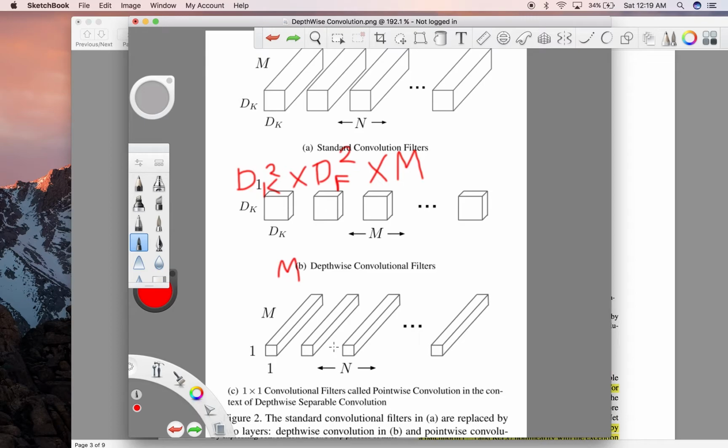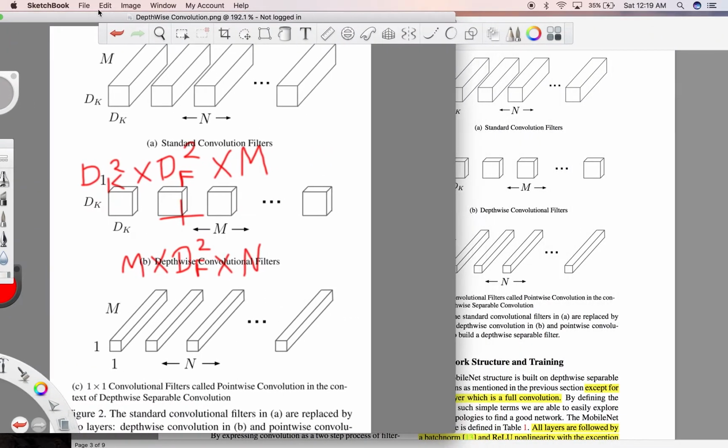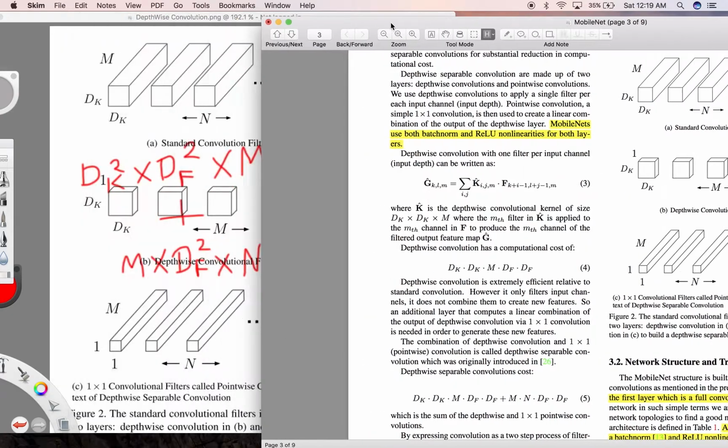Each of these has m variables, and we're doing this again times the height and the width, and we have n of these. So these are the number of operations we do for this convolution, and so the total number we do is just the addition of both of these, and in fact that's what he's given right here.